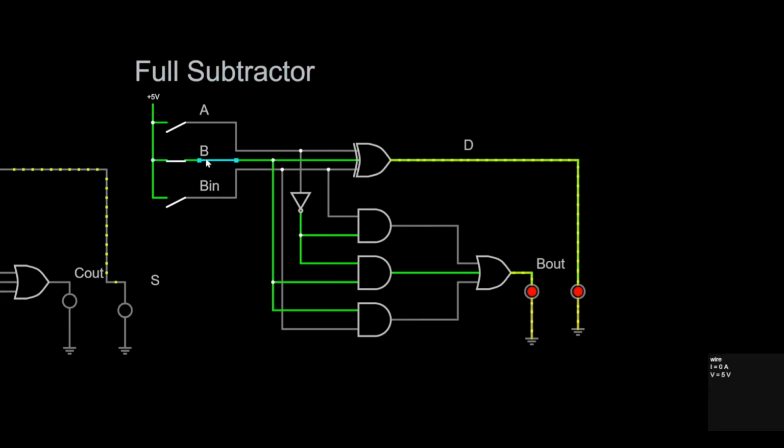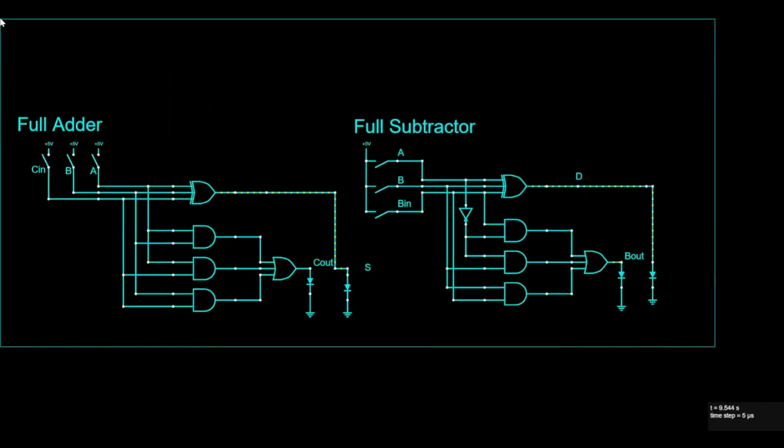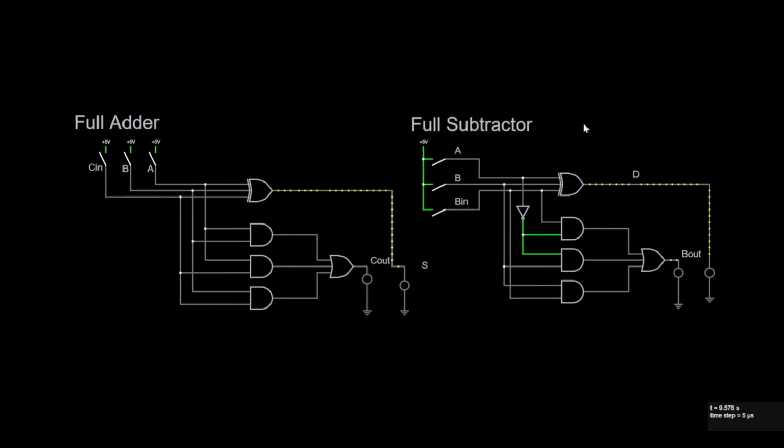And then, of course, what if we have 1, 1 minus 1, right? Boom. We get 1, 0. Some crazy stuff here. And that's basically a full adder, full subtractor. In most modern computing, you won't see these separated.